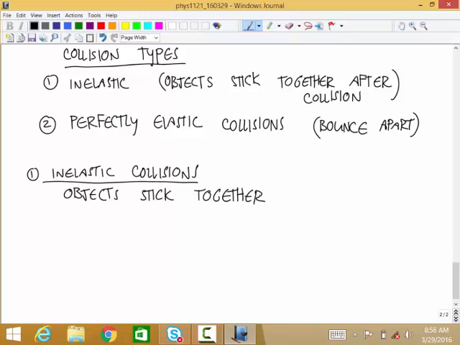And this is the easy one. Conceptually, one isn't harder than the other, really, but there's just more math involved in elastic collisions. For inelastic collisions, all you do is assume that after the collision they're going to have the same velocity because they stick together.